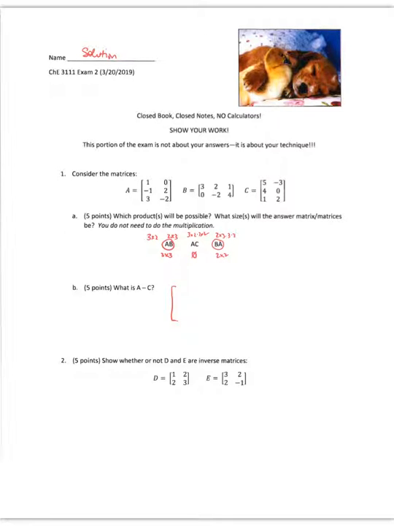In this case, I asked for A minus C, and your numbers should have been negative 4, negative 5, 2, 3, 2, and minus 4. Again, on this one, you could have done this multiple ways, but if you multiply D times E, 1 times 3 is 3, plus 2 times 2 is 4, and you don't even need to do any more.